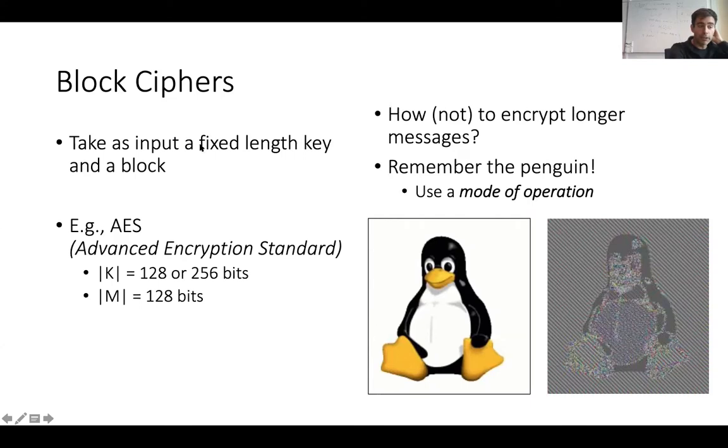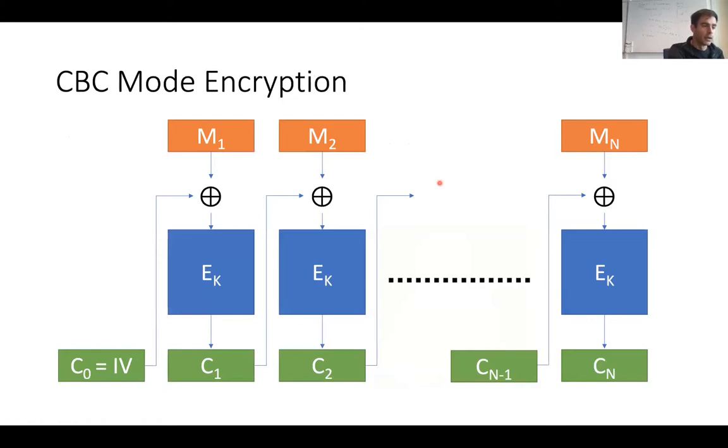So when you use a block cipher, it's very important to also use a mode of operation. One of the most popular modes of operation is the CBC mode of operation. The CBC mode of operation is a way of using a block cipher that doesn't suffer from the previous problem: if you encrypt the same block twice, you get the same ciphertext.